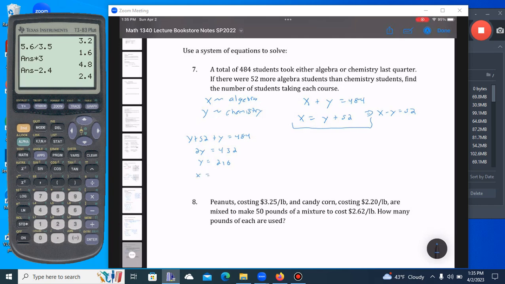So x is going to be 216 plus 52, and you'll get 268. So we have 268 algebra students and 216 chemistry students. Okay.